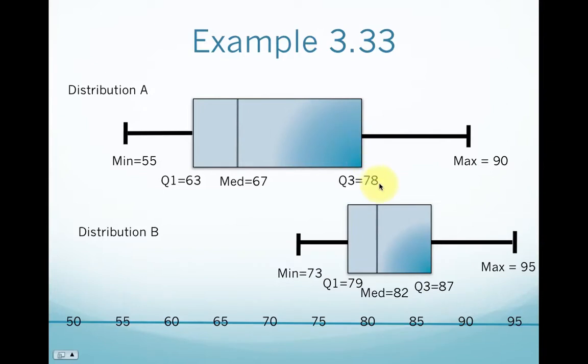The meaning of the 78 in distribution A indicates that 75% of students had test scores at or below 78, using the traditional fractions teaching method. In distribution B, 75% of the students had test scores at or below 87, using the fraction games teaching method.